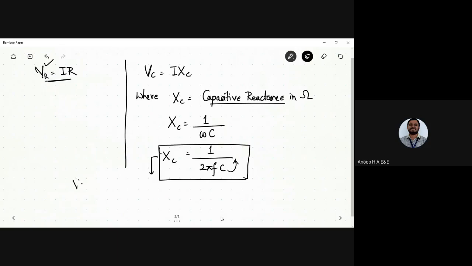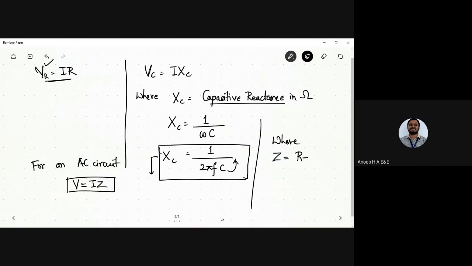V would be equal to I into Z for an AC circuit, where Z would be equal to R minus jXC.